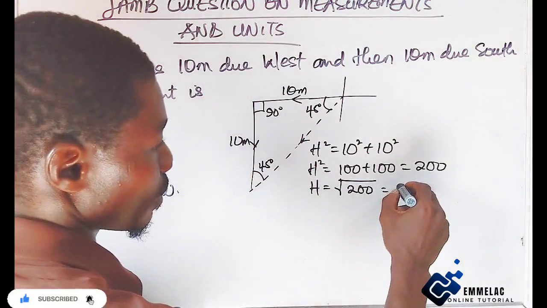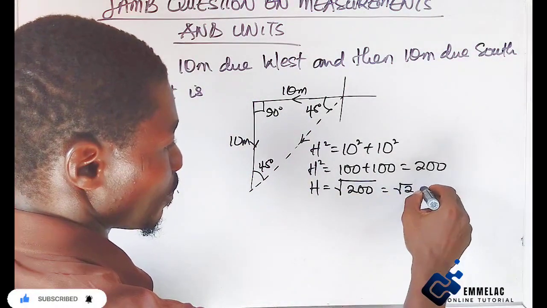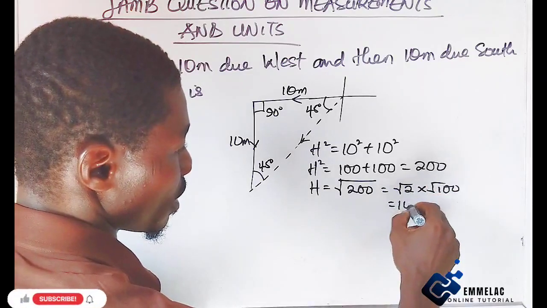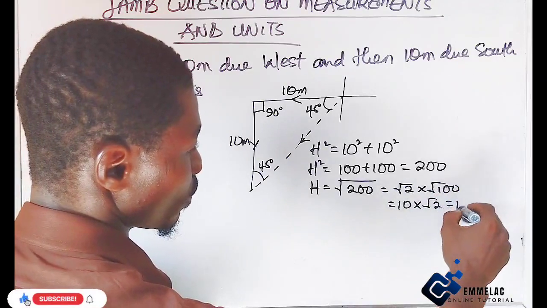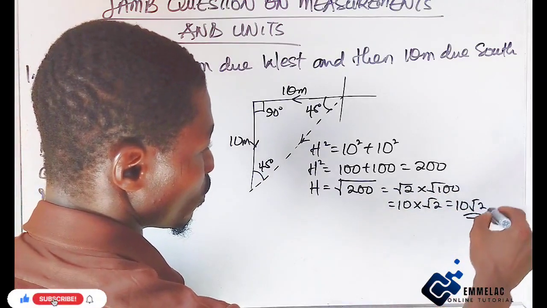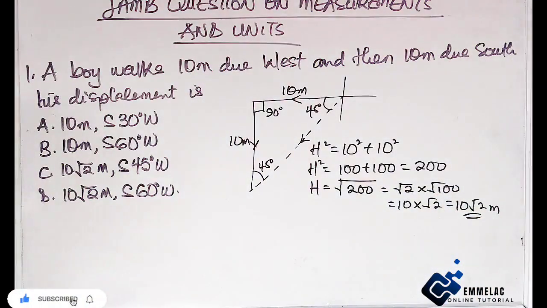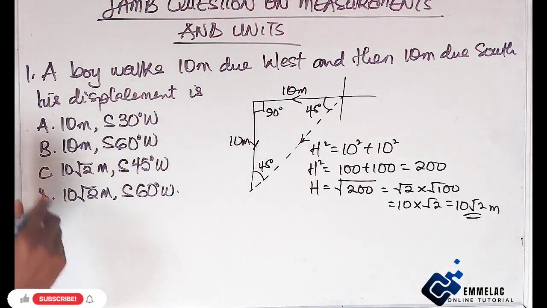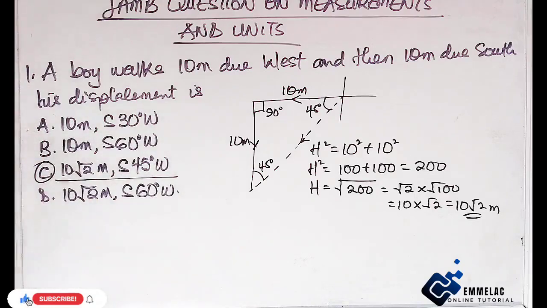So this will now give us the square root of 2 times the square root of 100, which will give us 10 times the square root of 2, which will give us what? 10 root 2 meter. Now, since now the direction southwest is 45, so here we have 10 root 2 meter, and okay, so this is the right answer.